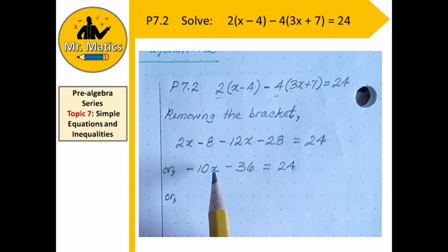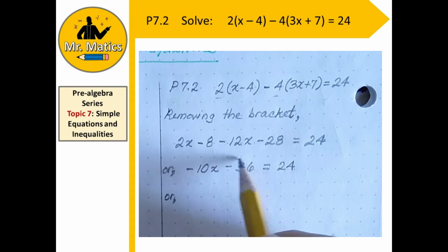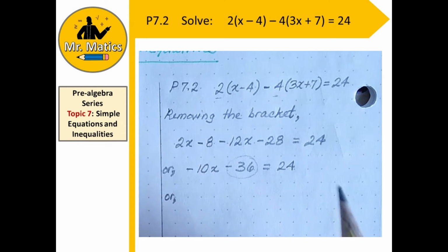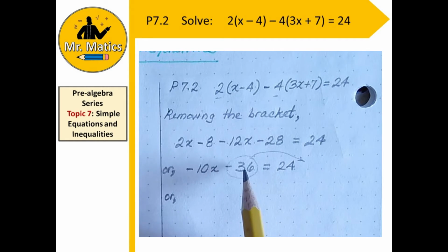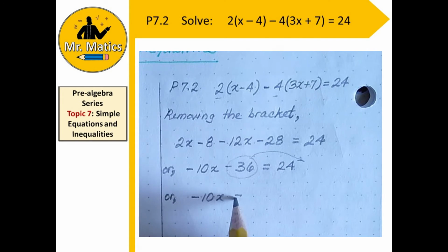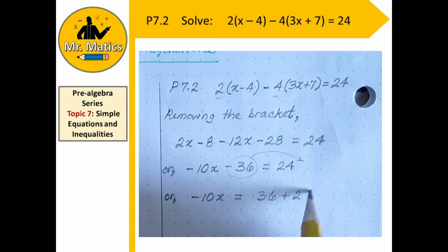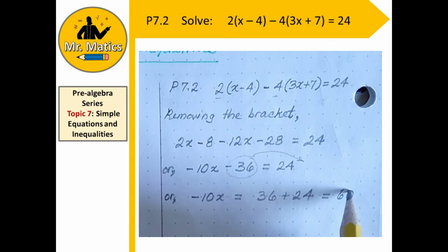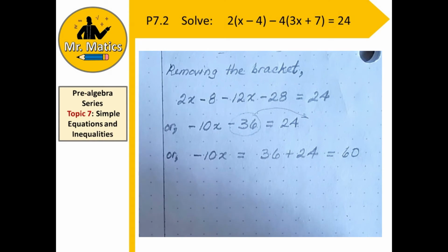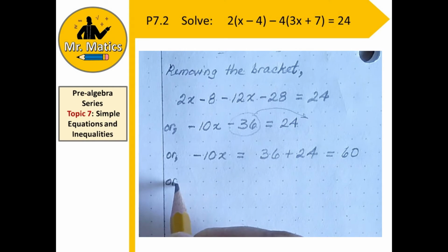Minus 10x, and here we see again a known quantity. I'll transfer it to the other side. As minus 36 crosses the bridge, it becomes plus 36. So minus 10x is equal to 36 plus 24, and we know that this is 60. Now I can multiply both sides by minus 1.